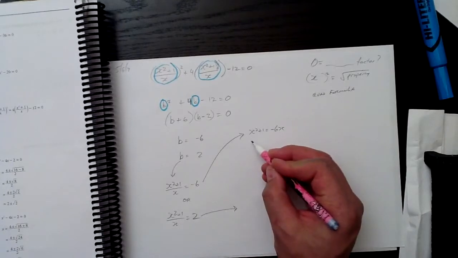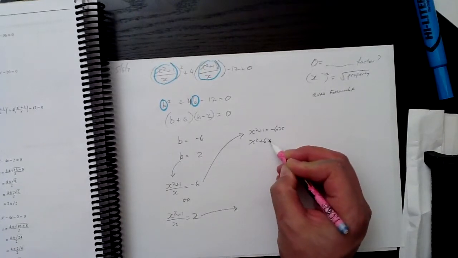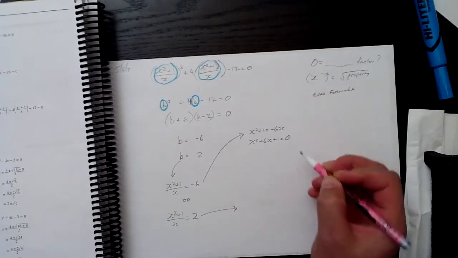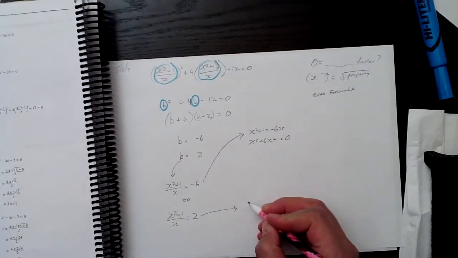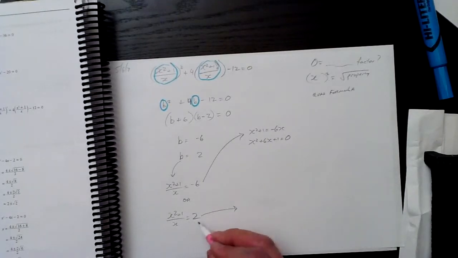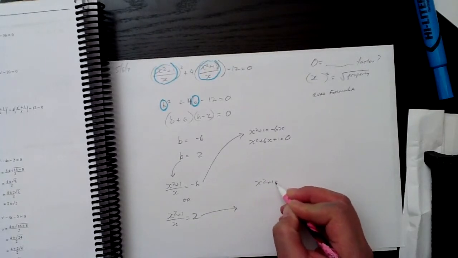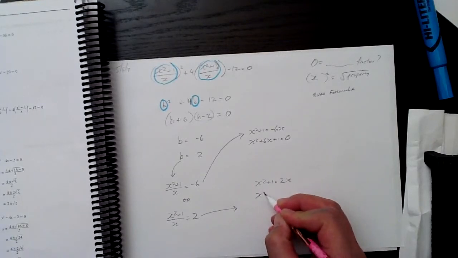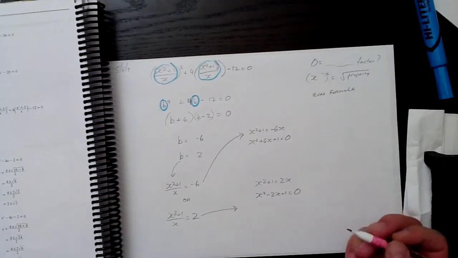Move the 6x over to this side, I get x squared plus 6x plus 1 equals 0. And over here, multiply both sides by x, I get x squared plus 1 equals 2x. Move that over here, x squared minus 2x plus 1 equals 0.